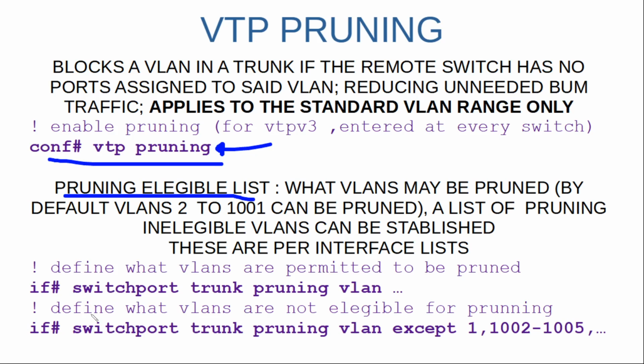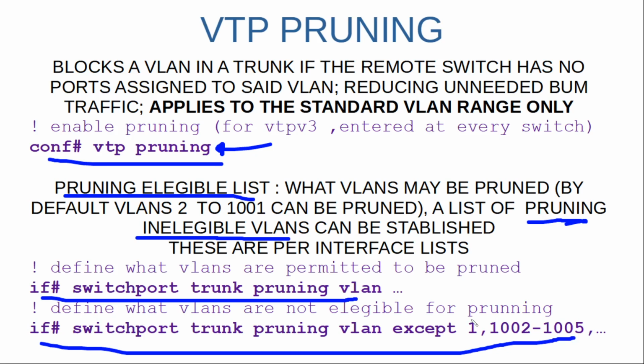Or you can define what VLANs are not eligible for pruning. That is known as the pruning ineligible VLANs. These are the commands. For instance, for the pruning ineligible VLANs, use this command. Remember to add number 1 and this range because that is always ineligible.